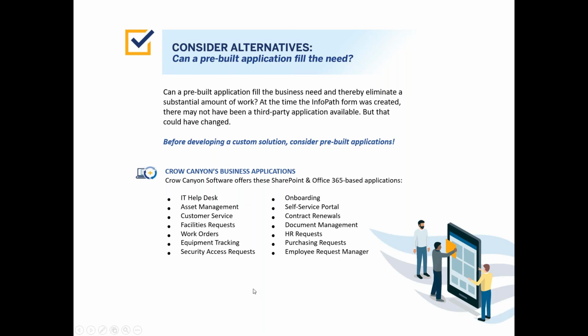So a lot of things could be done by the alternatives, which are based on our NITRO Studio. We call them the NITRO Studio business applications, or Crow Canyon business applications.